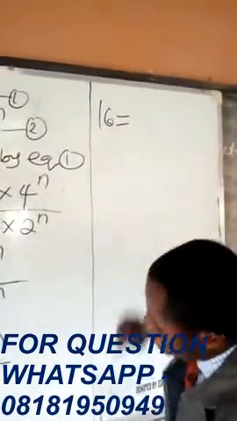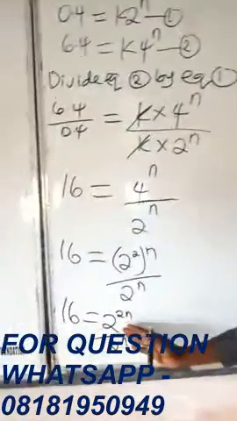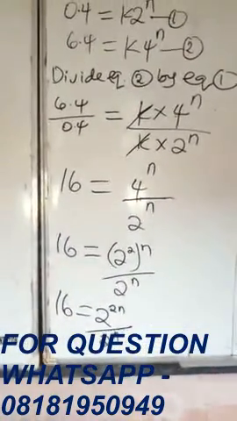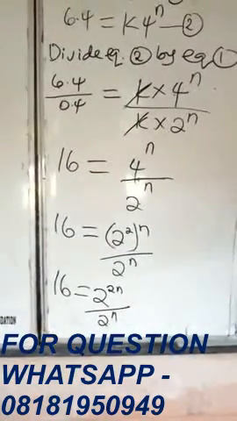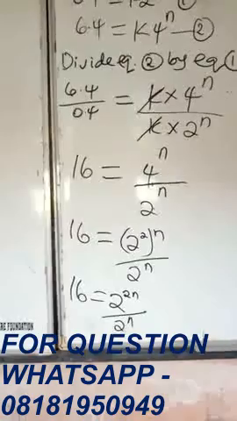Now, students, what we do here is 16 equals to, now I want to simplify this for you to understand. Look at it. This one, I can rewrite it as 2 raised to power 2n, divided by 2 raised to power n. Is that clear?